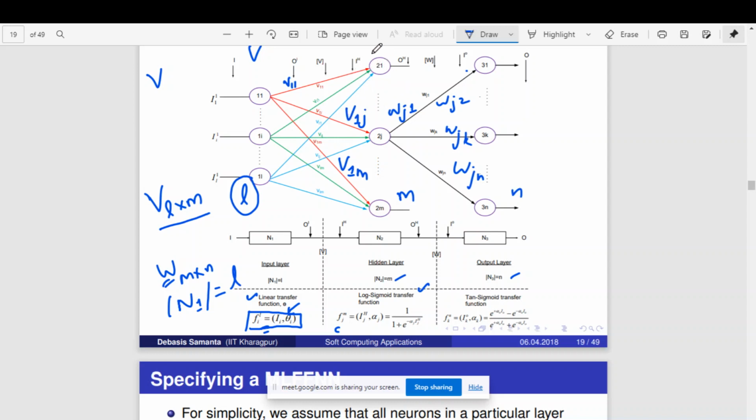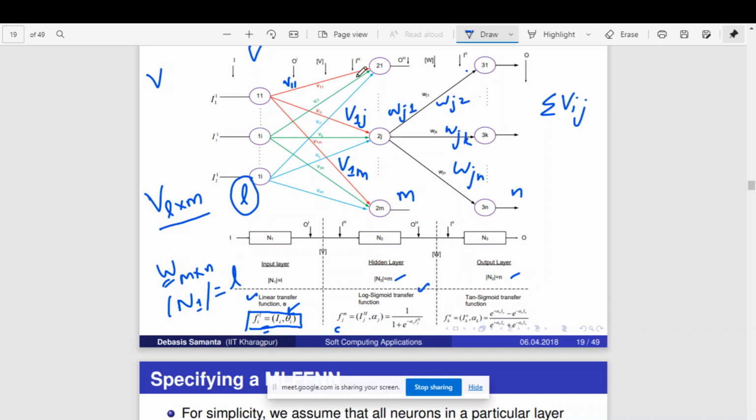So the actual input for this neuron is not one input; it is getting input from all the L neurons from the previous layer. So it is basically sigma, all these weights will be multiplied. Here we are calling the weights V11, V12, like that, so it is sigma Vij.